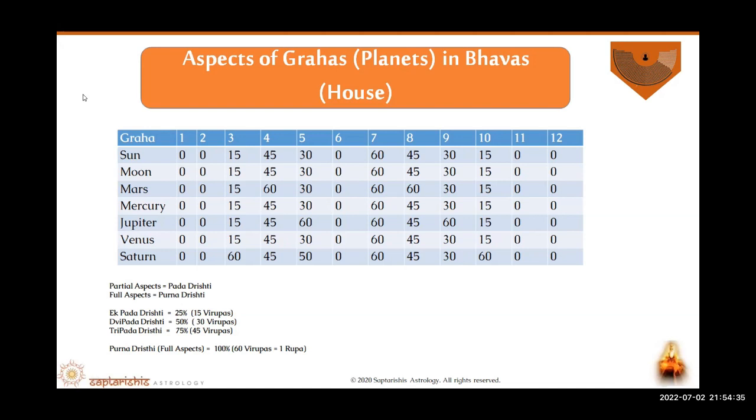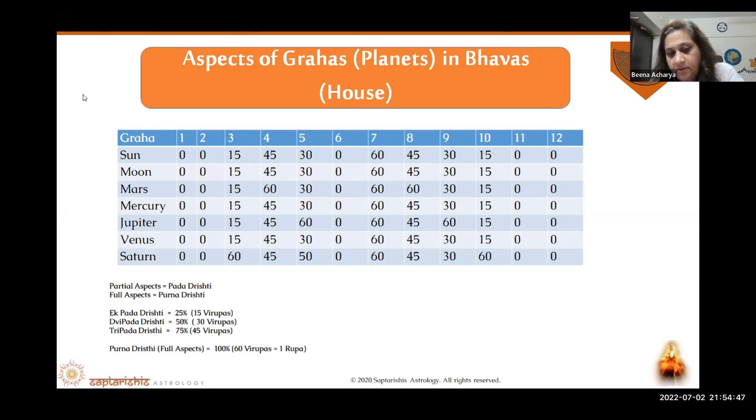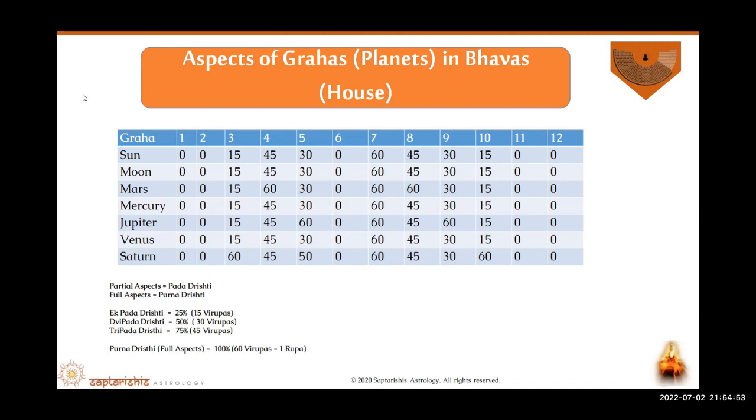So Jupiter should have maximum influence on the fifth and ninth house. That's why you see fifth and ninth having maximum Virupas. Jupiter, the ninth house, also represents father. Yes, father. And now why Saturn, the third and 10th?